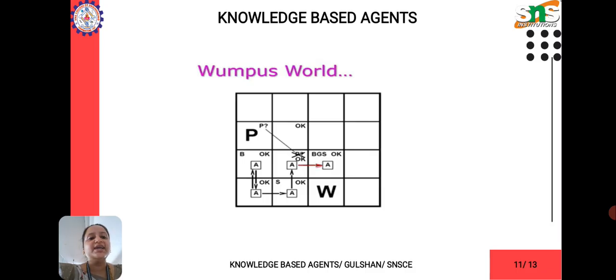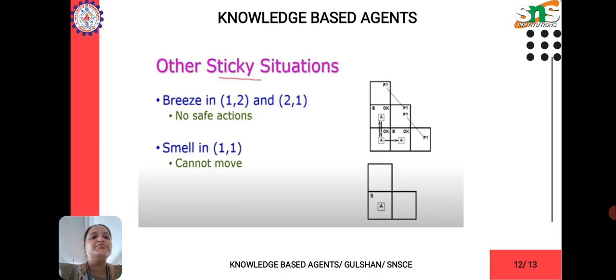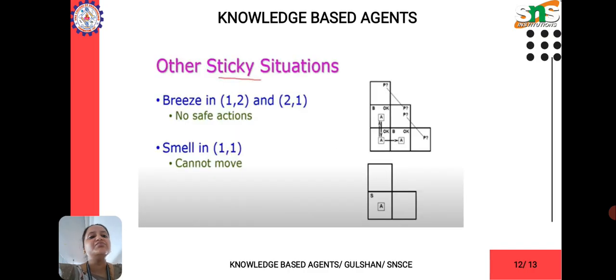The agent can move up and down. You also have a pit in the present row, so you cannot go where there is a pit. The agent can move in the upward direction and to its rightward direction. After moving in one of the directions, it can move to the desired position and get the gold.